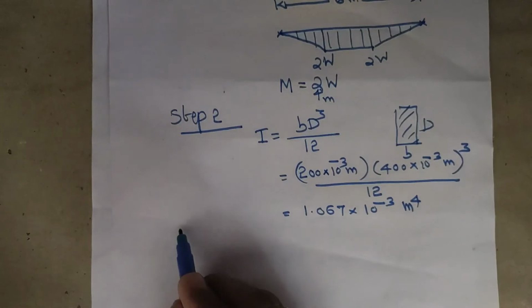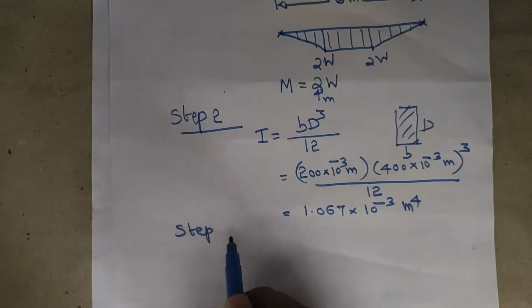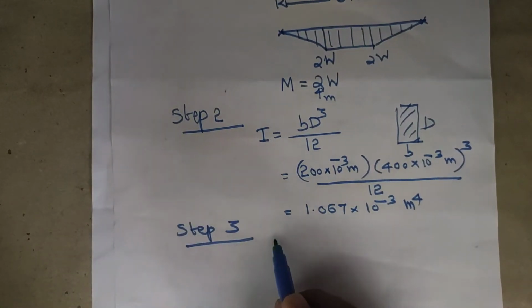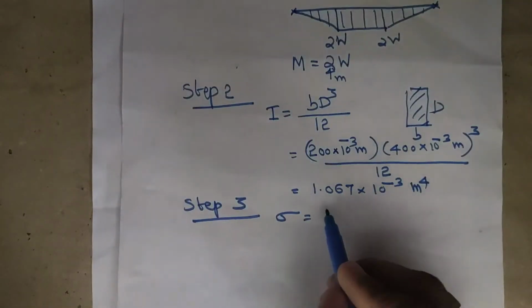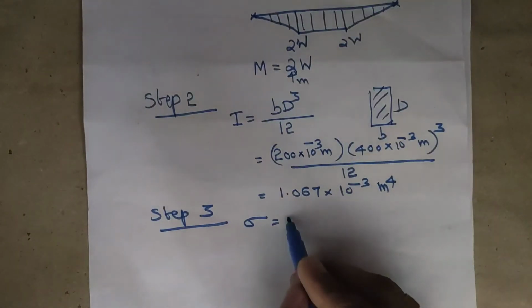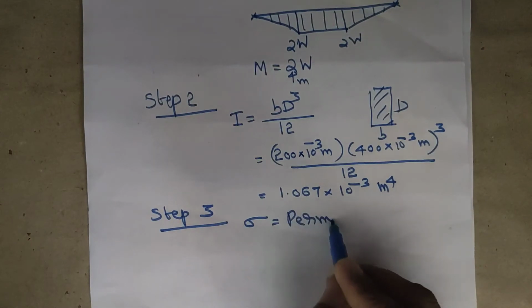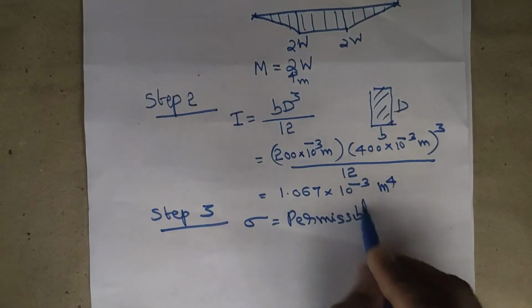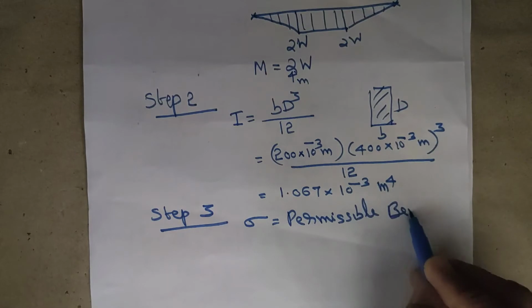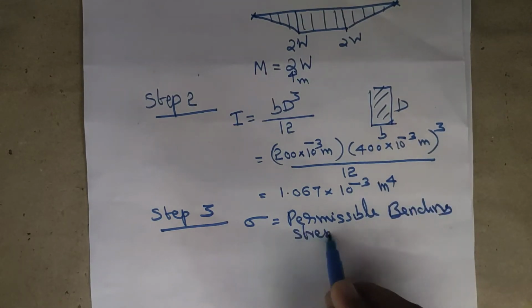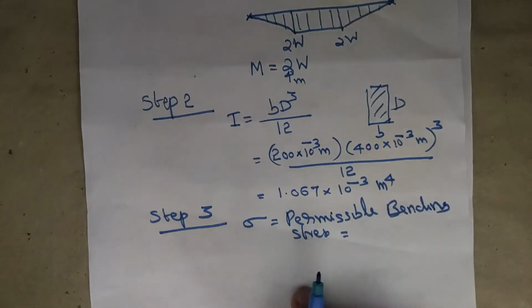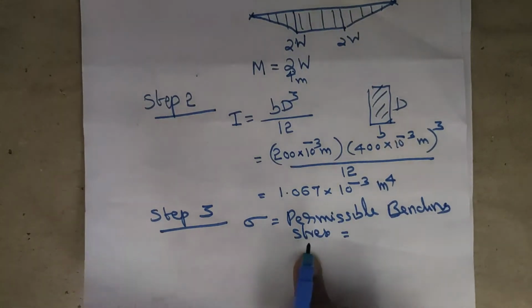the permissible bending stress. Step 3. The permissible bending stress. This value is given in the problem statement.